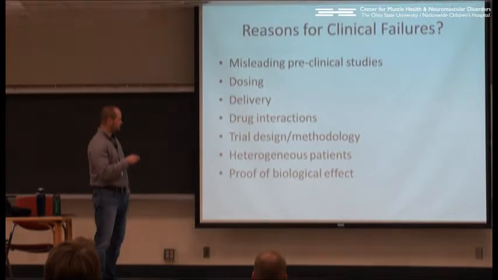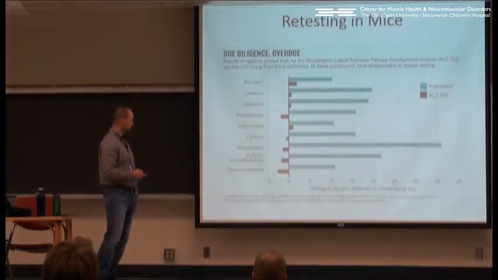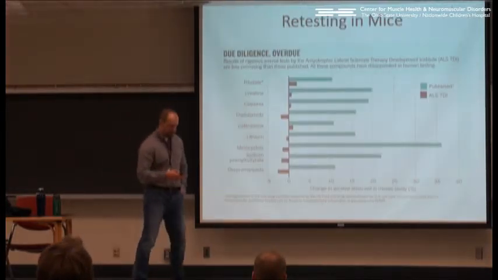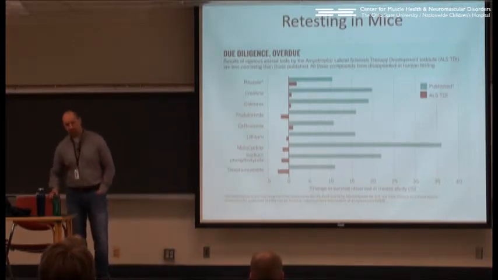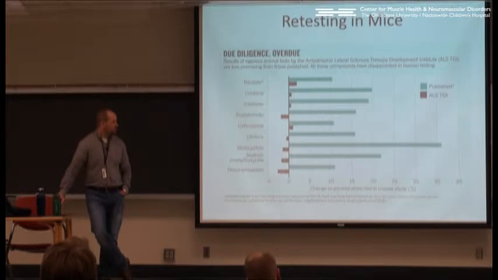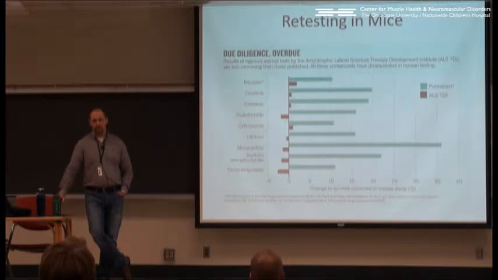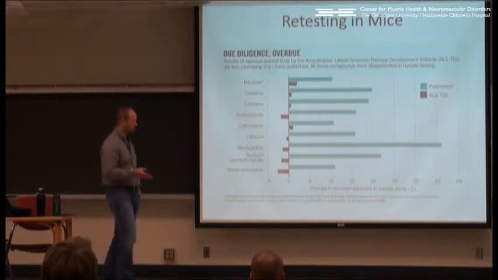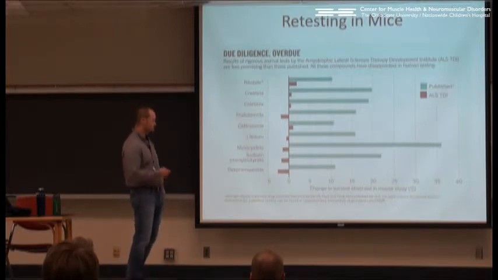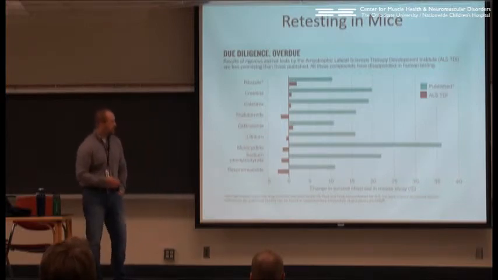So let's go back and revisit misleading preclinical studies. There's a group called the ALS Therapeutic Development Institute, and they're not the most popular group. What they have done, essentially, is gone back through all the compounds, and not all of them, but a great deal of them, the ones that have attracted most attention, the ones that have gone to trial.